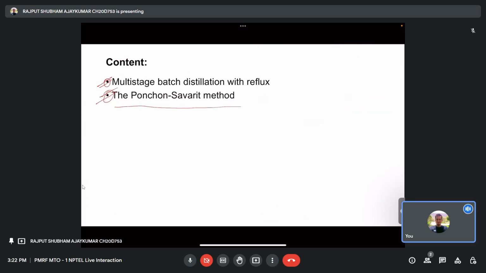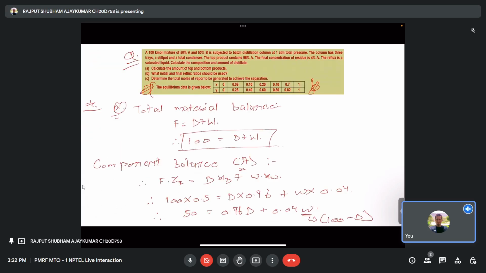I think you must have gone through all the lecture notes already, because if I go through all the derivations again and again, it will make it much more complex for you guys. So I'll just say a little bit about what the Poisson severity method is.